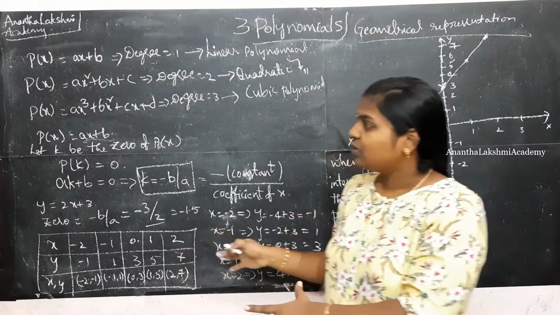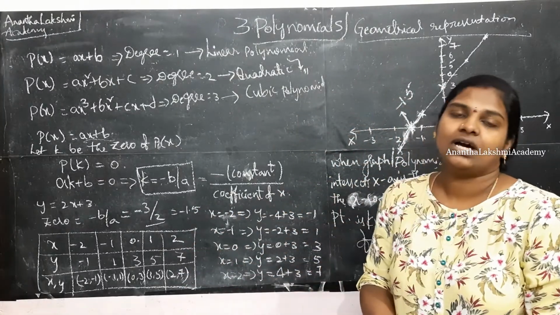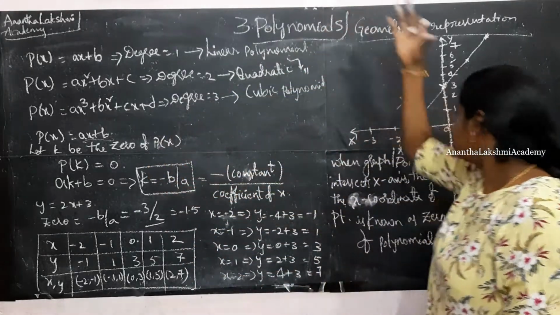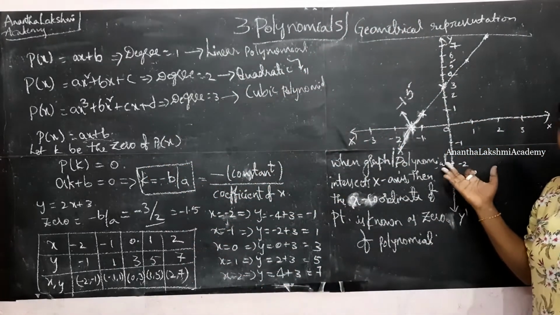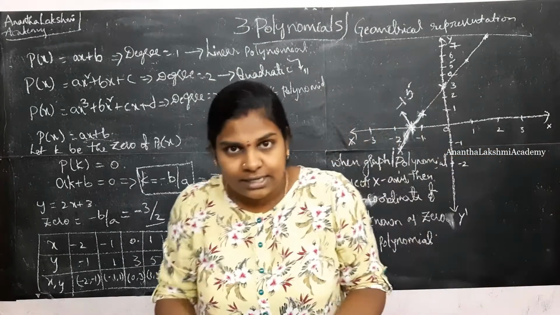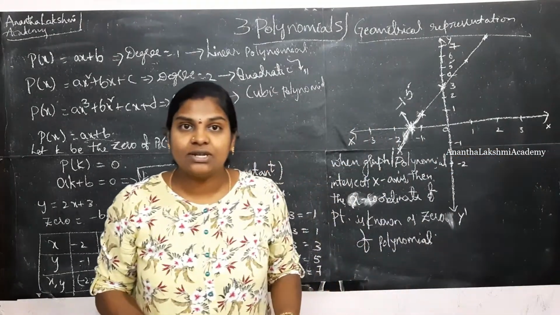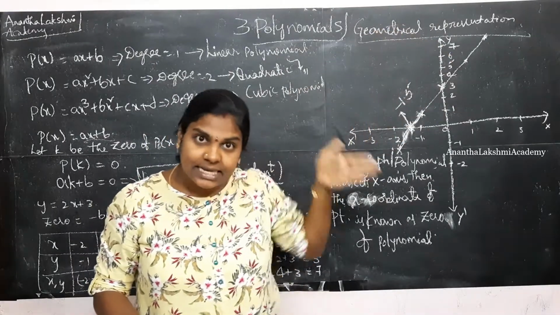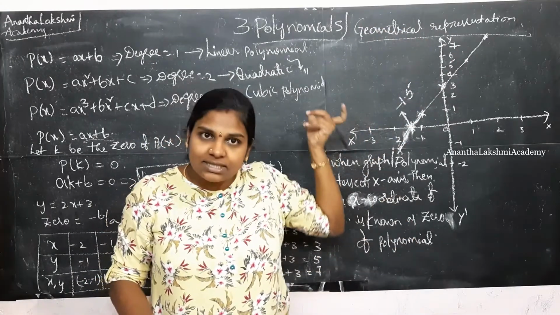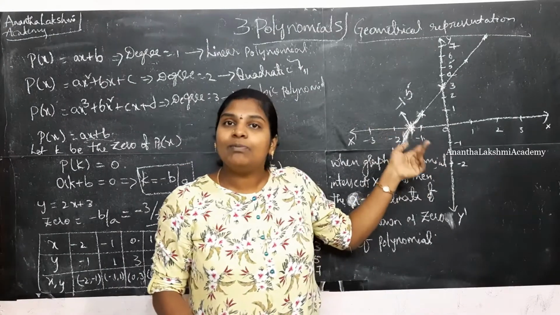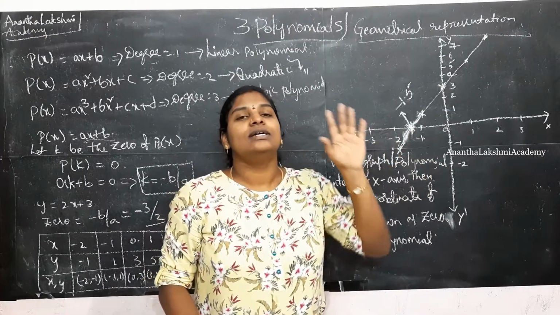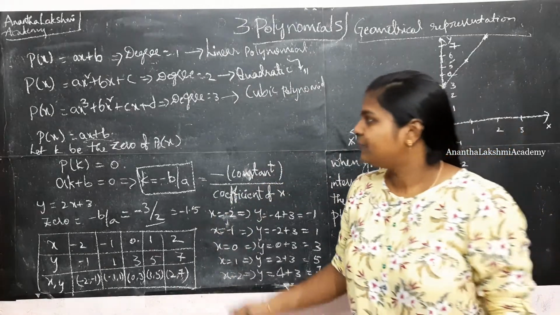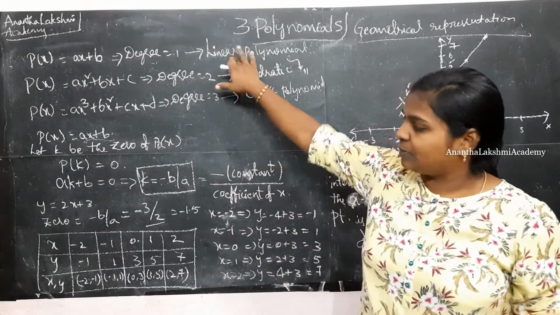So the zero which we figured out for the linear polynomial using the formula is exactly the same as the geometrical representation. So using the geometrical representation, how do we figure out the zeros? When we draw the graph, when the graph intersects the x-axis, then the x-coordinate of that point is said to be the zero of a polynomial. Alright, this is for the linear polynomial.